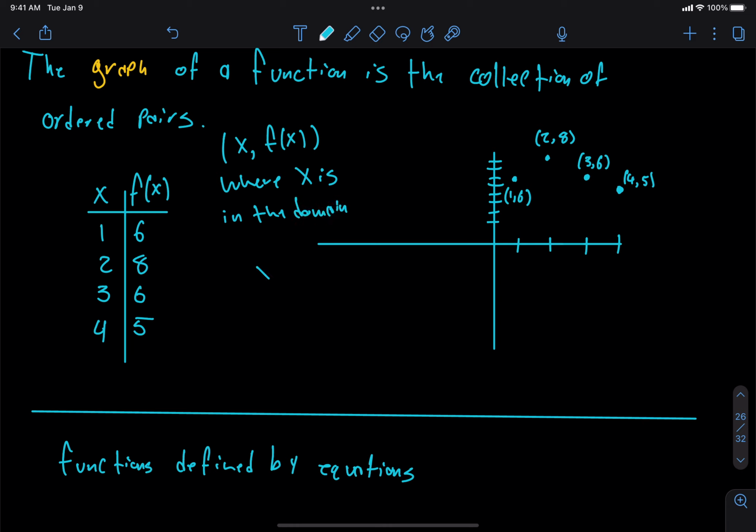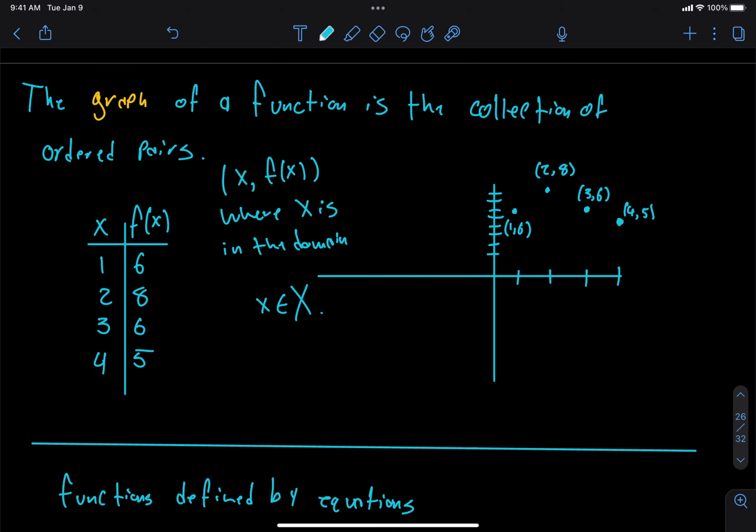Another way we could say that is that x is in capital X. That is one thing I want to distinguish: when we're talking about the set X of all the domain, this set here of all of these numbers, we use a capital X. When I'm talking about a specific member of the domain, like 2, then I'll use a little x. It can be kind of hard to tell sometimes which one I'm doing, so I'll try to say it out loud.